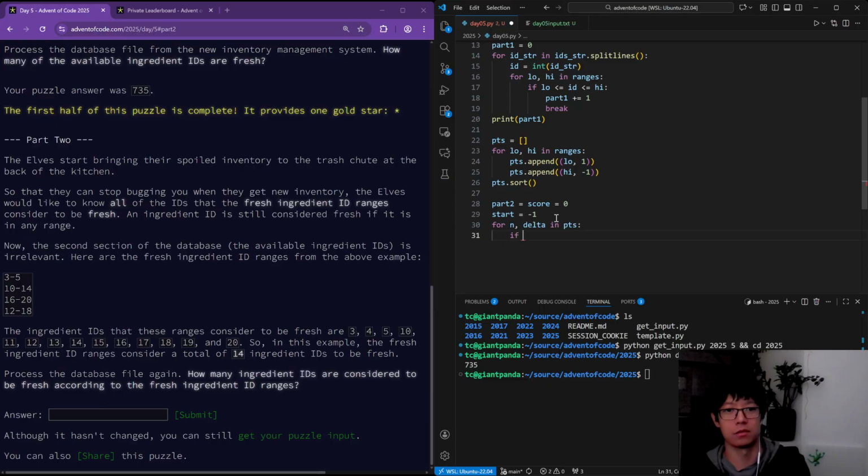If score equals 0 and delta. Actually, if score is 0, then delta must be 1. It can't be -1. But delta equals 1. Let's go ahead and write this.